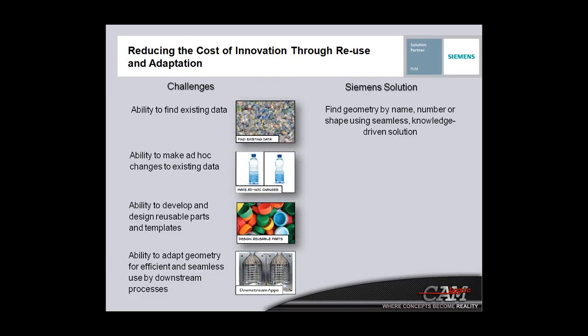Find geometry by name, number, or shape using seamless, knowledge-driven solution with Teamcenter and its tight integration to NX, along with Geolus shape search technology for fast access and promoting design reuse. How can I make ad hoc changes to existing data? Design freedom, powered by Synchronous Technology, allows designers to focus on the product design, not the CAD tools. This patent-pending technology delivers real value and allows your engineers to be much more productive.